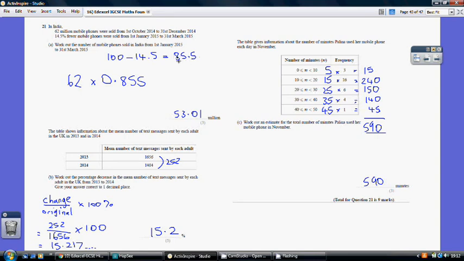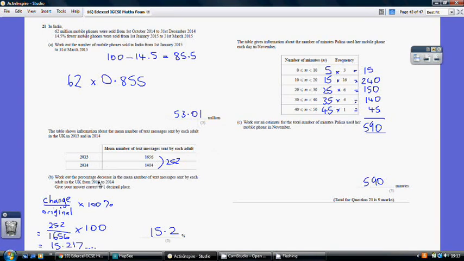So that's the number of mobiles that were actually sold in the first 3 months of 2015, 85.5% of the previous year. So turning this into a multiplier, we just divide this by 100, giving us a multiplier of 0.855. So taking our 62 million in the last 3 months of 2014, multiplying this by our multiplier, we get 53.01 million.